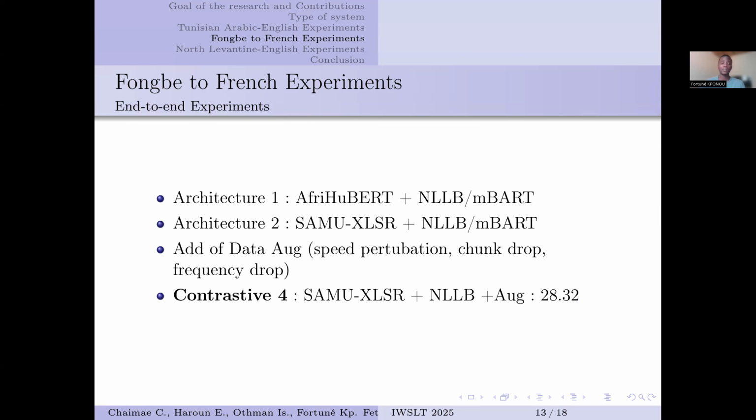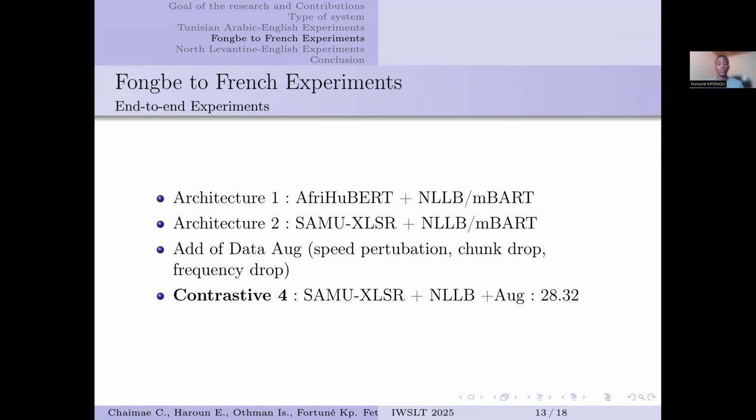For the end-to-end experiment from Fongbé to French, we realized two architectures. The first one is by using AfriHuBERT plus NLLB or mBART, and SAMU-XLS-R plus NLLB or mBART. We obtained our best result when we use SAMU plus NLLB plus data augmentation, giving us the BLEU score of 28.32.